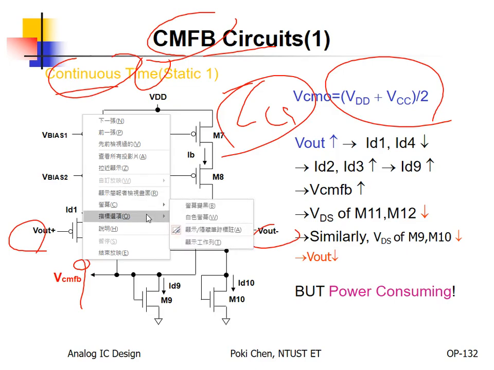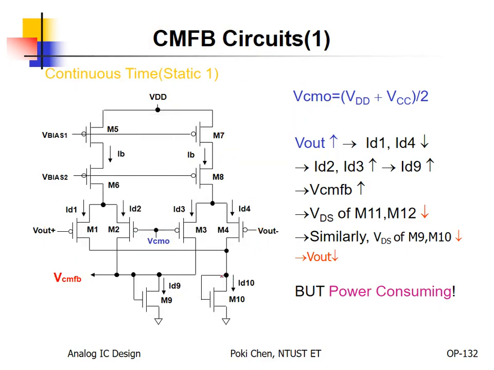Easy to understand actually. If this one becomes higher, that one also becomes higher, right? And this is some kind of PMOS differential pair, right? For such a PMOS differential pair, if the input becomes higher, VGS becomes smaller, right?